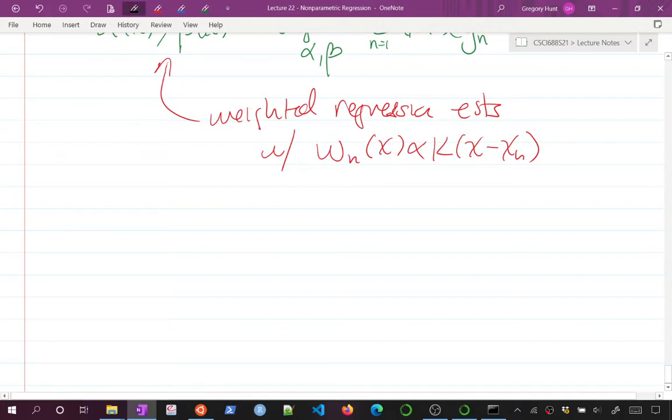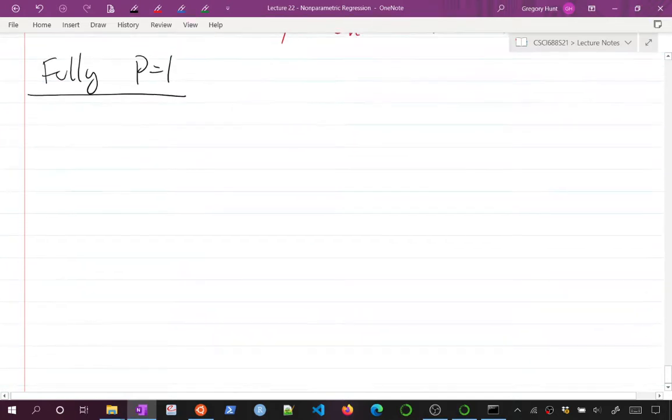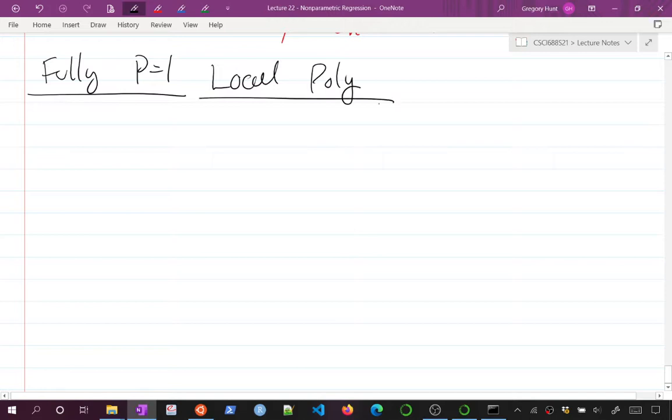So here, again, we're still assuming that p is equal to 1. The way we do this for local polynomial regression is we're basically going to fit a polynomial regression in this locally adaptive way, where we have some beta j hat at our particular x.